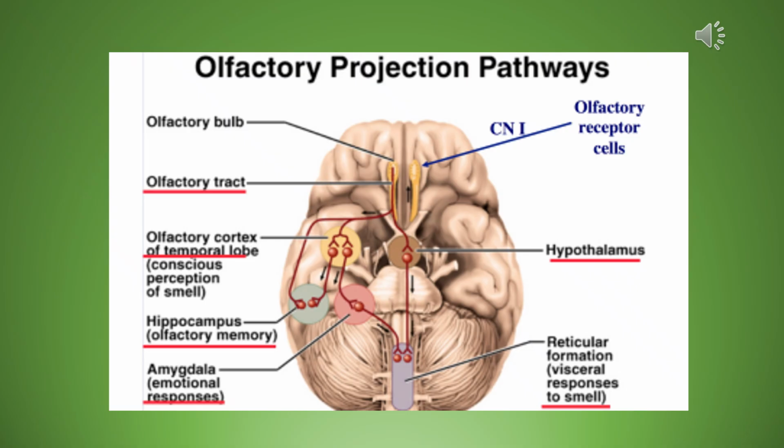Just remember that we do, with the sense of smell, have a very strong influence upon the limbic system structures, memories, and emotions associated with our sense of smell. Now, notice that we also have down at the very bottom connections to the reticular formation. Well, some smells we don't like, and they can make you sick.